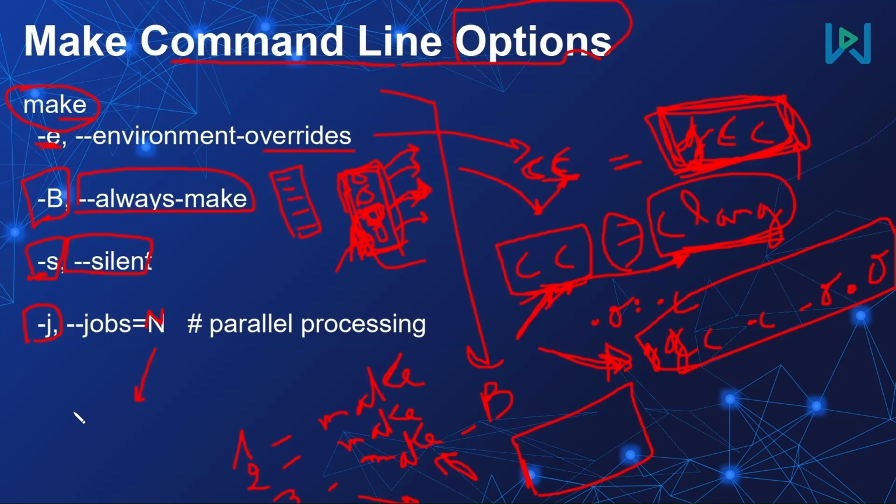Now this number in general must be associated with how many processors are supported by our machine and how many dependencies we have between the different GNU Makefile rules. So things can be a little bit complicated to determine the exact number for our parallel processing.